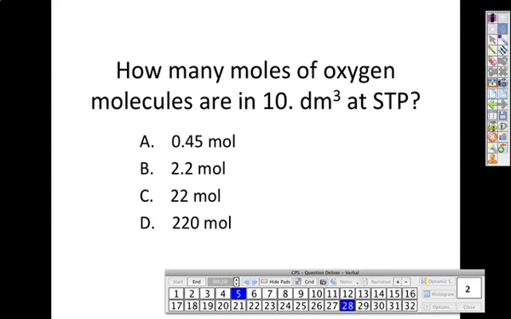So how many moles of oxygen molecules are in 10 decimeter cubed at STP, standard temperature and pressure?